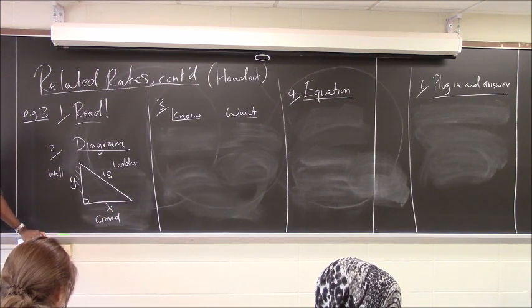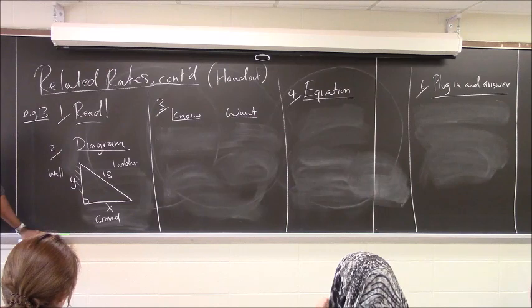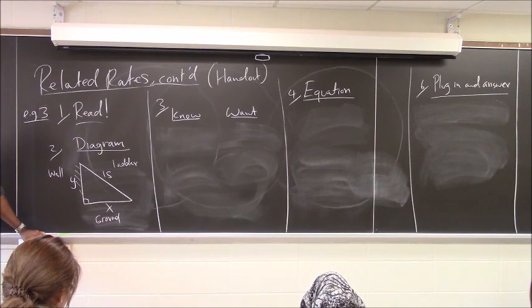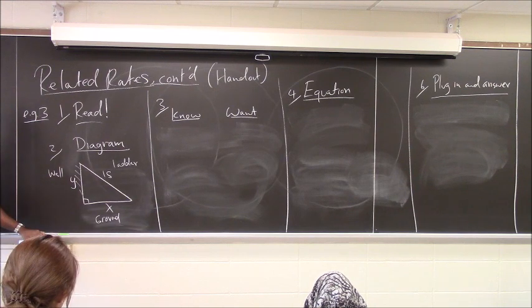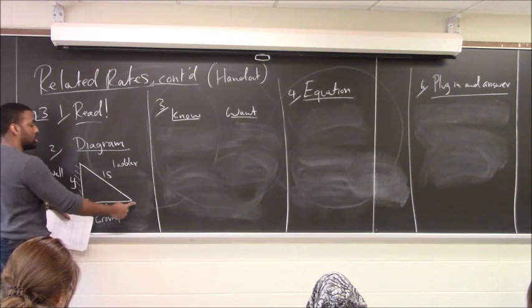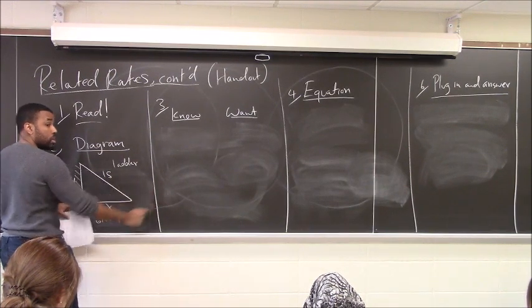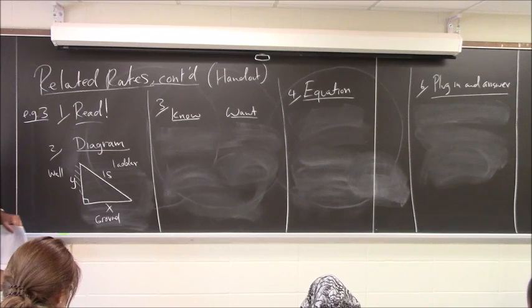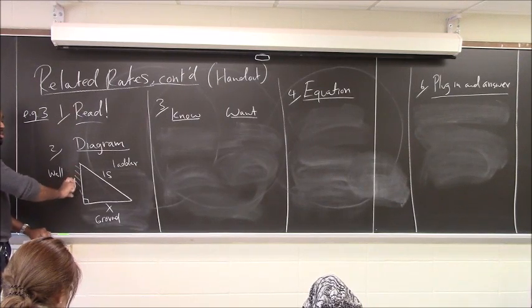The proper way to label the diagram: label anything that is changing with a variable, and label anything that is not changing with a constant. This is always how you want to label the diagram. You would not label this 9 because it is not always 9. The ladder is moving. Batman is pulling the foot of the ladder away. This distance here is increasing. Consequently, this distance here will decrease.